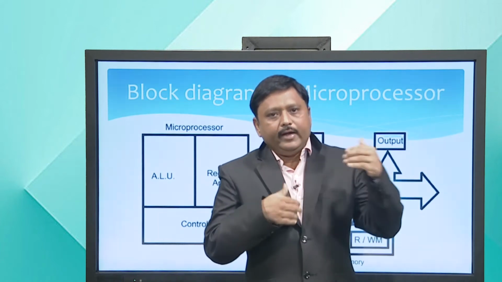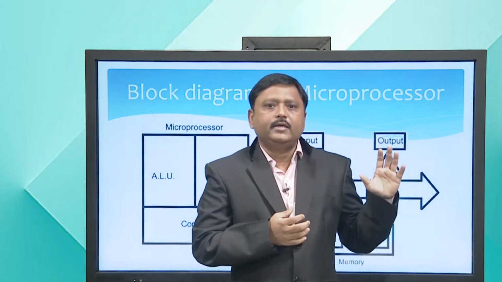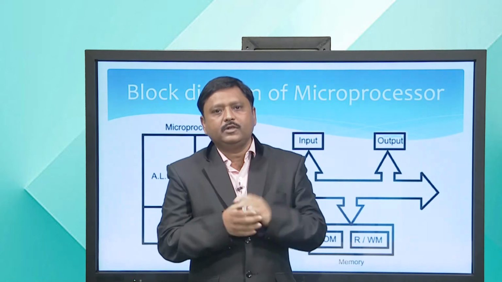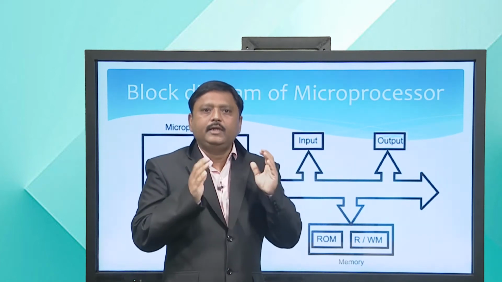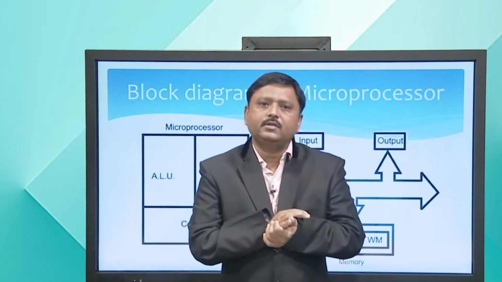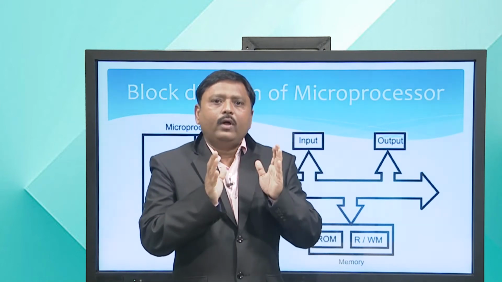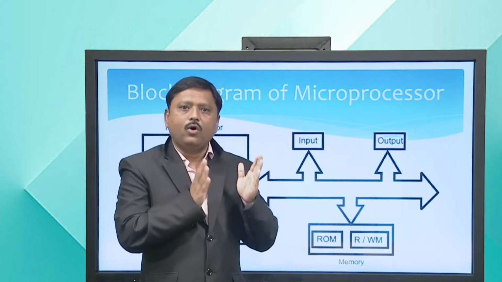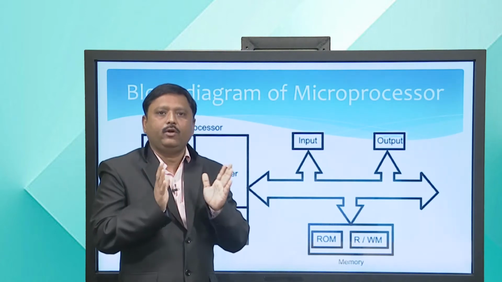Now, inside the ALU there are circuits such as half adder, full adder, subtractor etc., which are responsible for performing various arithmetic operations such as addition, subtraction, complementing etc. ALU also has logic circuits such as AND, NOT, NAND, exclusive OR gate, which perform logical operations.